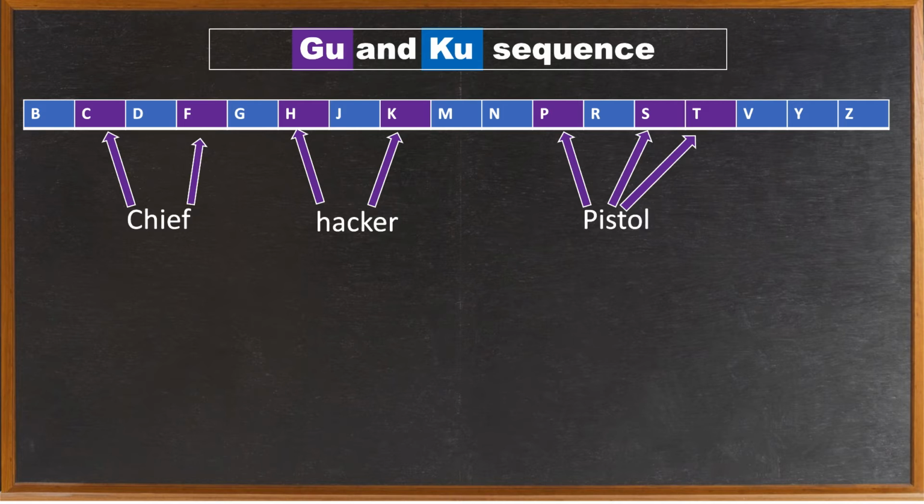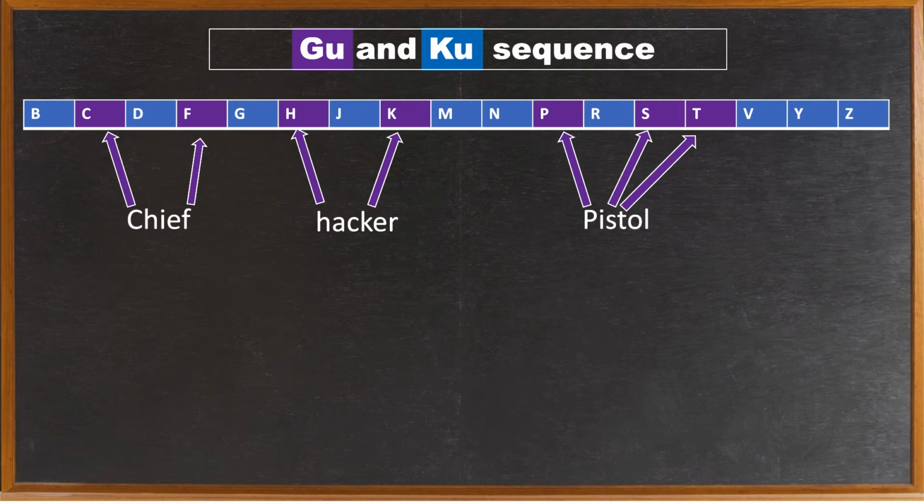Those are the words that I use as a quick way to know that a verb is a gu verb. So you can use your own words, or maybe you can use my technique, chief, hacker, pistol, and then if it's not a gu verb it will be a ku verb, unless it's a kw verb and it's starting with a vowel.